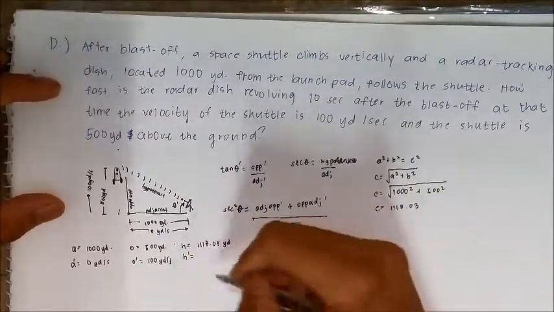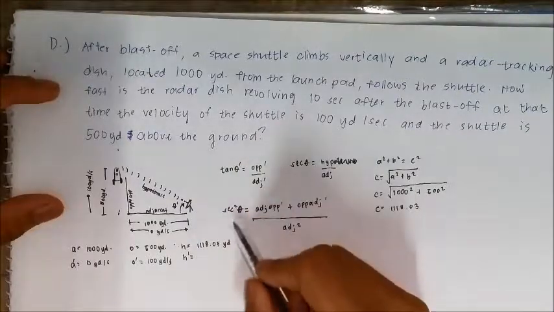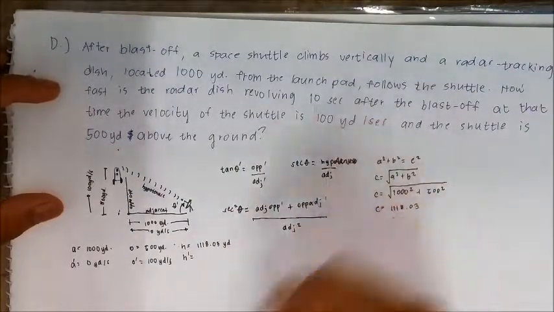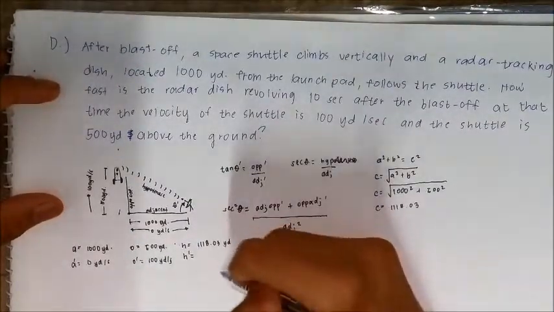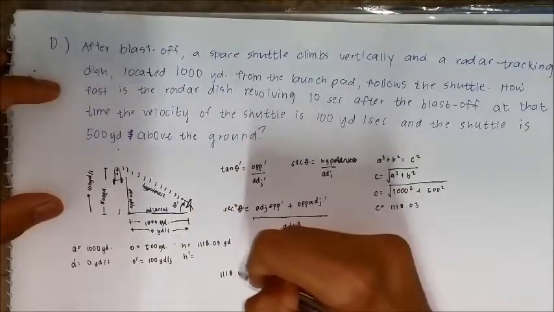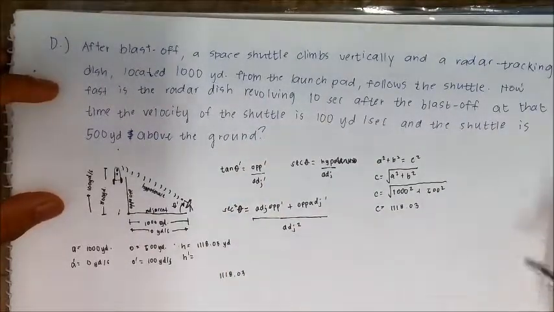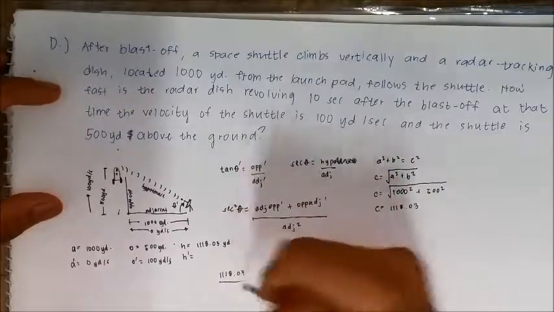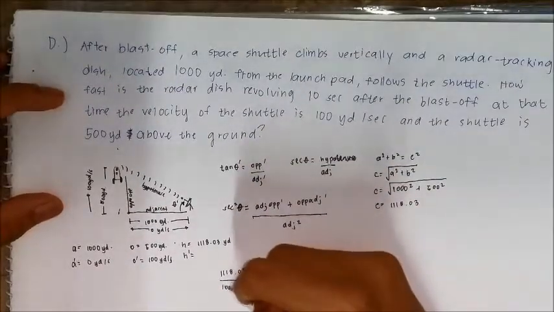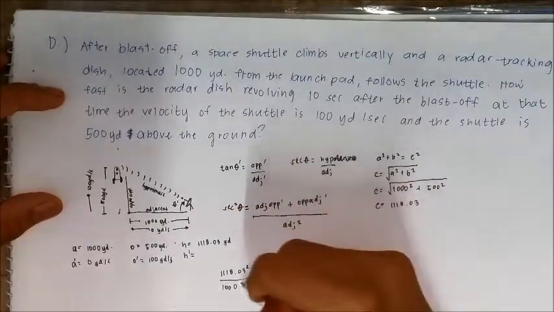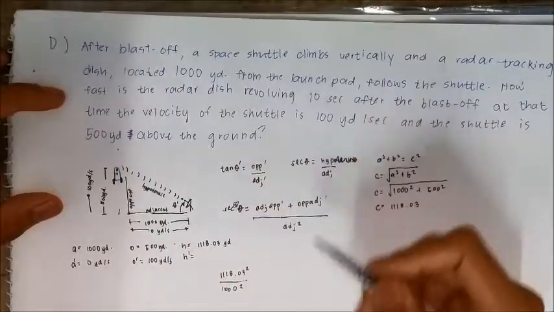Secant is equal to hypotenuse over adjacent. We're going to input the values. Therefore, it's going to end up 1118.03 over the adjacent, which is 1000, squared. They're both squared.